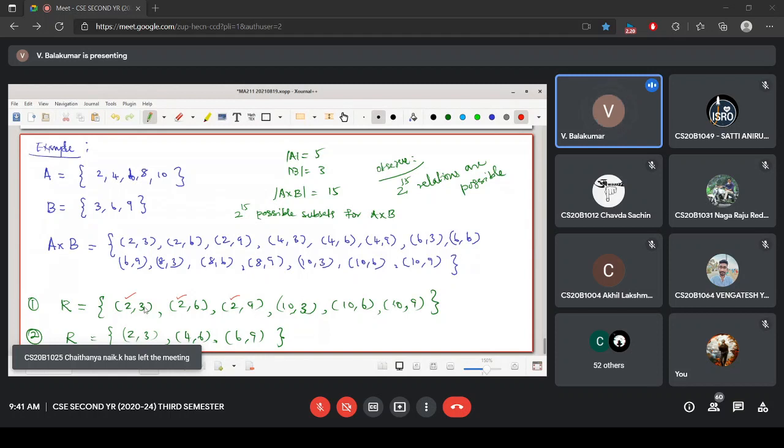The same element is related to various elements in the second set. Whereas look at the second example: 2 is related to 3, it's done. Then 4 is related to 6, 6 is related to 9. Meaning, one element in the first set is associated with exactly one element in the second set. Do you see the difference between the examples?